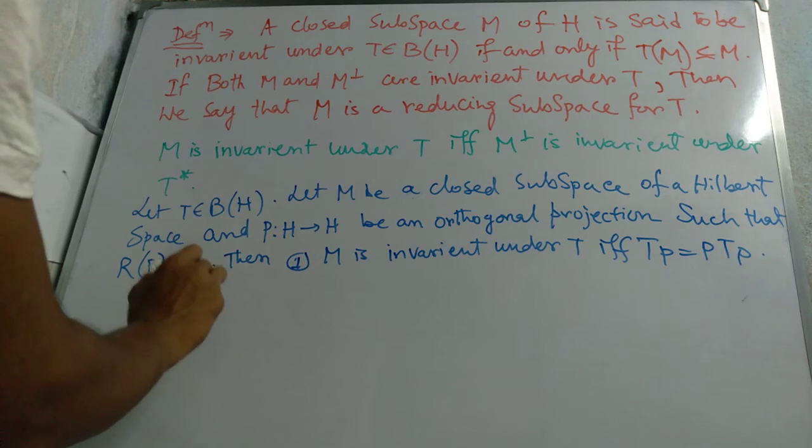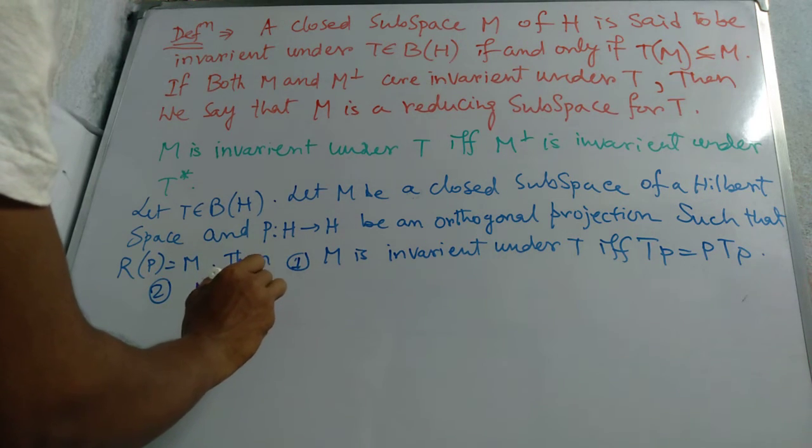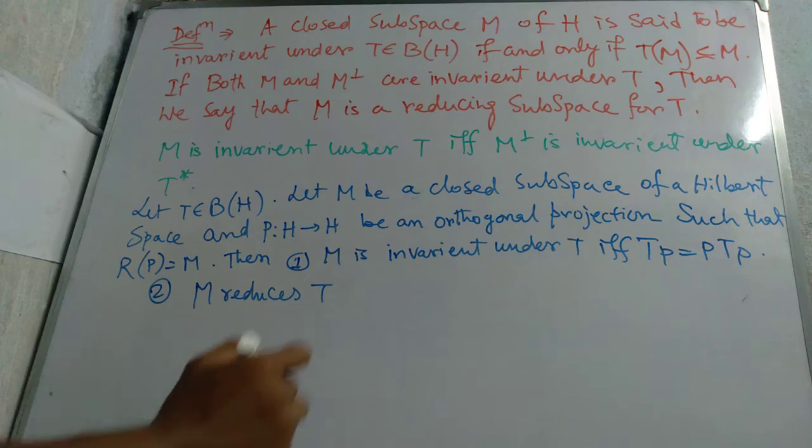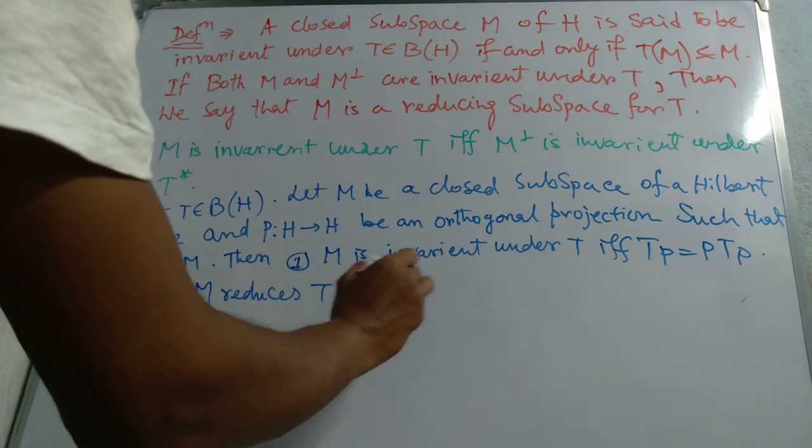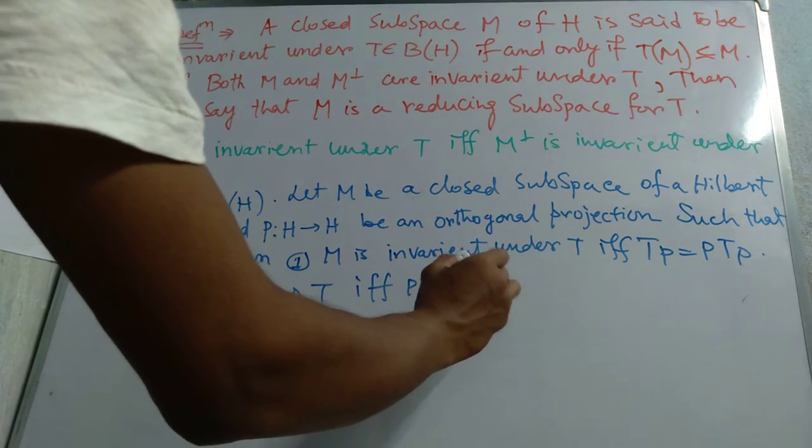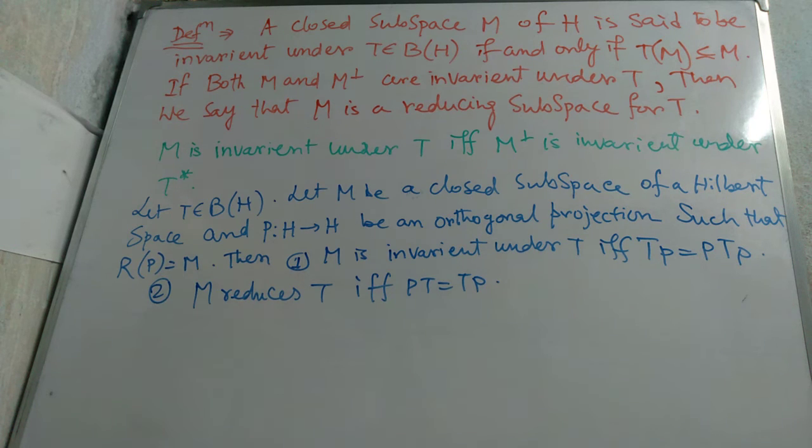Second, M reduces T if and only if PT equal to TP. Okay.